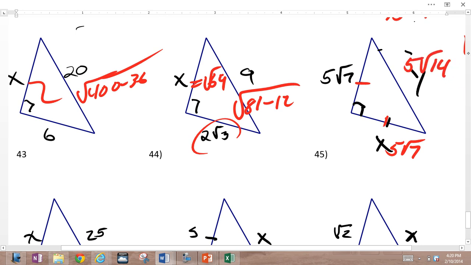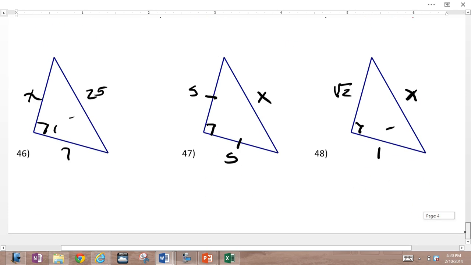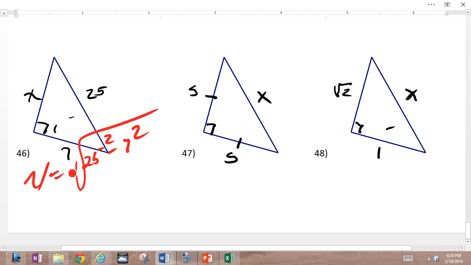Okay, wrap it up. Last couple here, all right? Got to go through Pythagoras. So it gives us 25 squared minus 7 squared is equal to the x length over here. Okay, so you can figure that out. This is, generally speaking, s. This would be s root 2. It's just a general example.